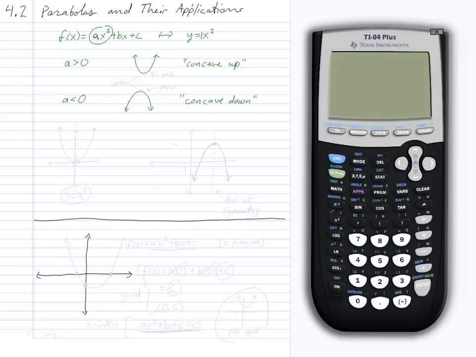Now, in the case of a parabola that's concave up, the feature that we call the vertex, the turning point where our graph changes from decreasing to increasing, is a minimum. On the other hand, for a concave down parabola, one that opens downward, that vertex is a maximum.